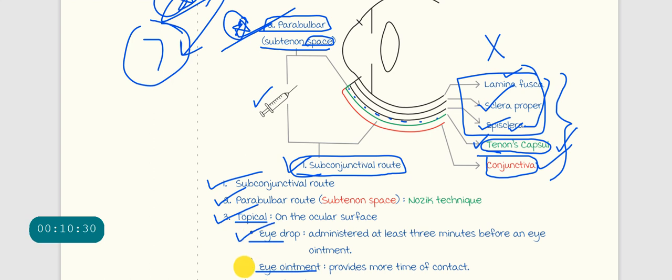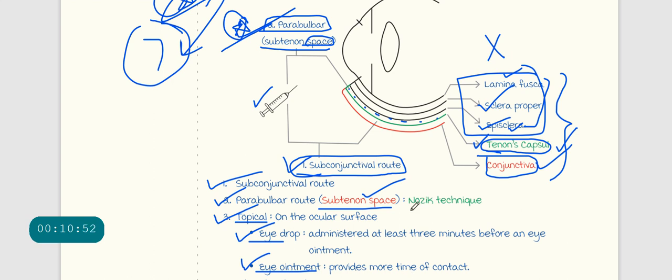We have applied it. So the parabulbar route is also called subtenon space, because the injections are given in the subtenon space, and this is known as Nozick's technique. Okay students.